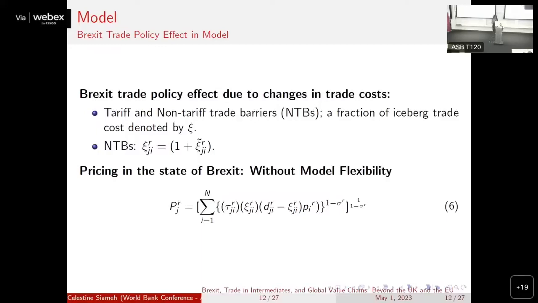We can see that the non-tariff trade barrier, which is a proportion of the iceberg trade cost, is subtracted from it, multiplied by the non-tariff trade barriers, then the tariff. This gives me the pricing in the state of Brexit. So this is whereby we find Brexit in my study.